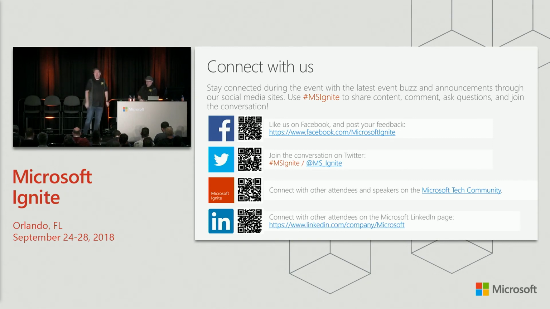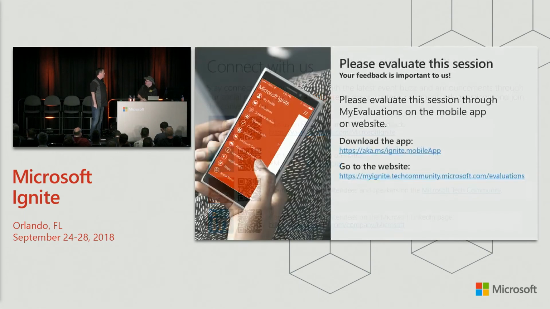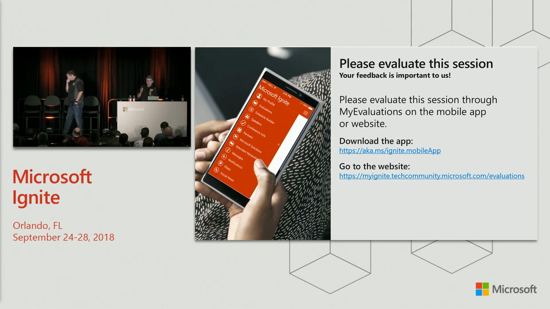Your ability to rate sessions and also provide constructive feedback for those sessions is done through the evaluation tool, which is part of your application in your mobile app. So don't forget to download it. As speakers and as people that look after coordinating content for events and want to make events better, we do this only through verbatim discussions that happen during evaluations.